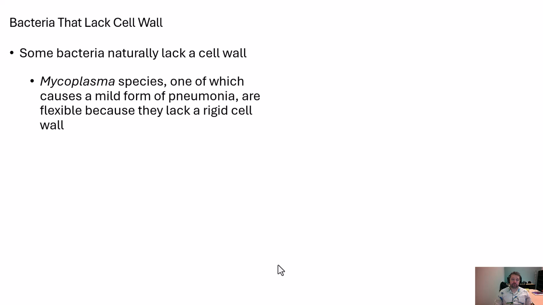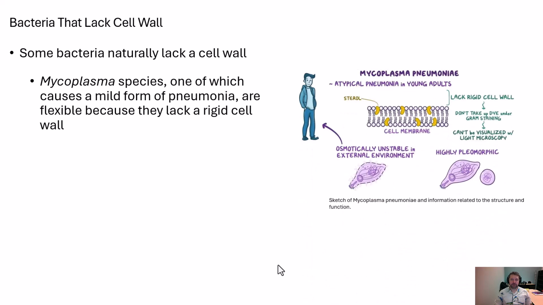So it's not rigid, but they increase the rigidity by embedding sterols or things like cholesterol inside the membrane. Just like us, when our membranes become extremely rigid, it's typically based on a poor diet or lots of cholesterol being embedded in our membranes. But they utilize that to their advantage because they have no peptidoglycan layer.